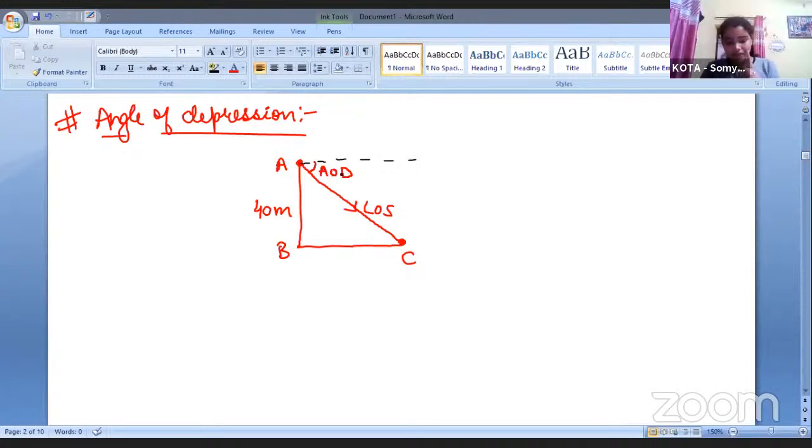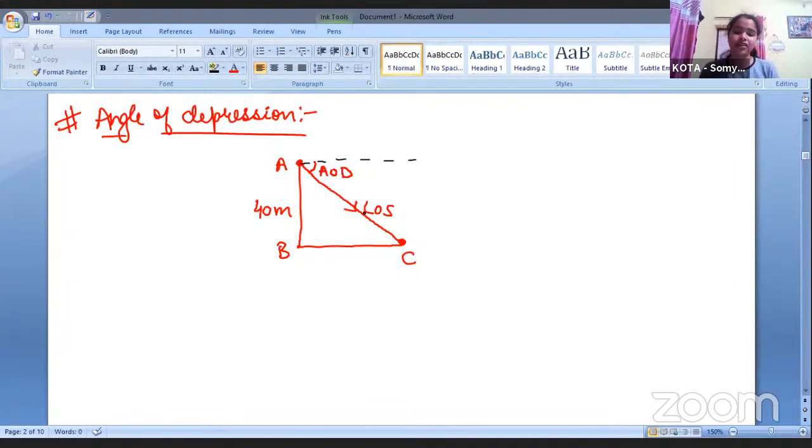Now remember one thing. Angle of elevation will always lie inside this triangle. The triangle that will be formed by the tower, the bottom of the tower, and the point where the man is standing, or any point, and this line. This triangle will always be formed everywhere in heights and distances.